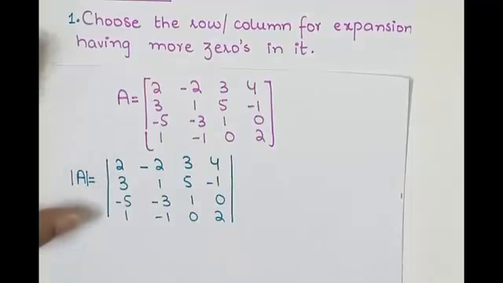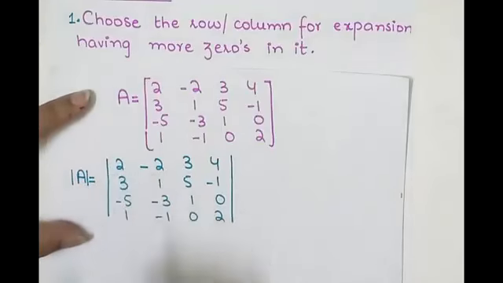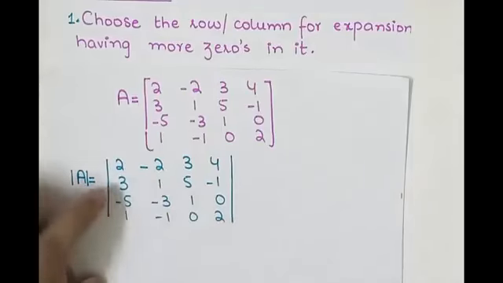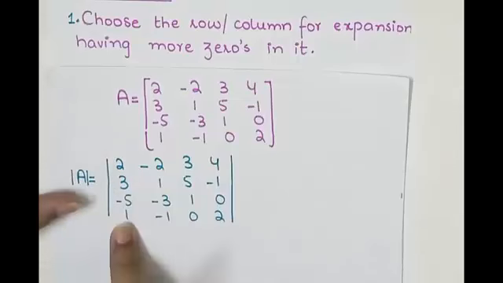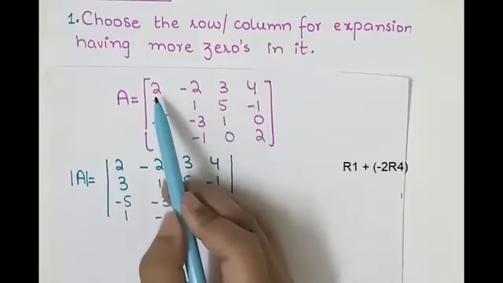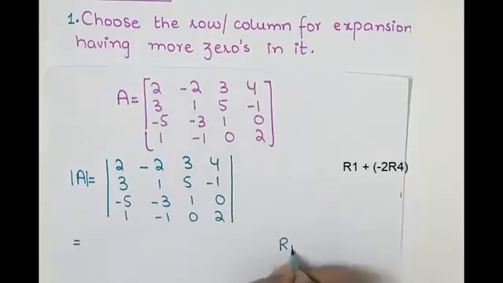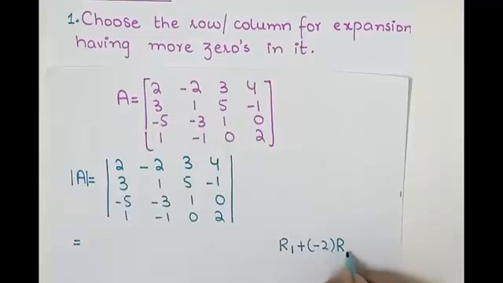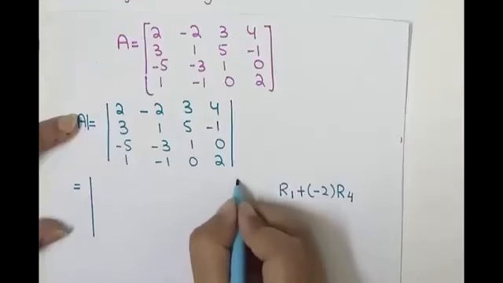Clear? Now we will make 0 here. So how can we make 0 at this position? When we do R1 plus minus 2 R4, then we can make 0 here. Let's check.